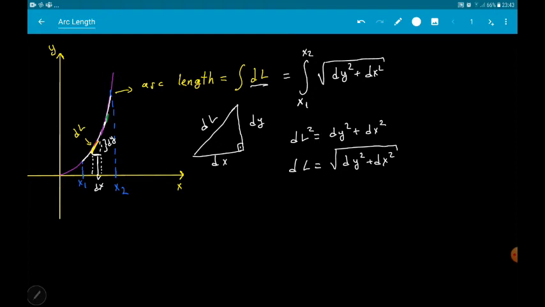We haven't finished yet. We just need to make some change on the formula to integrate. So I will take dx squared out of the bracket. So from x1 to x2 are the borders. So square root of dx squared times 1 plus dy squared over dx squared.